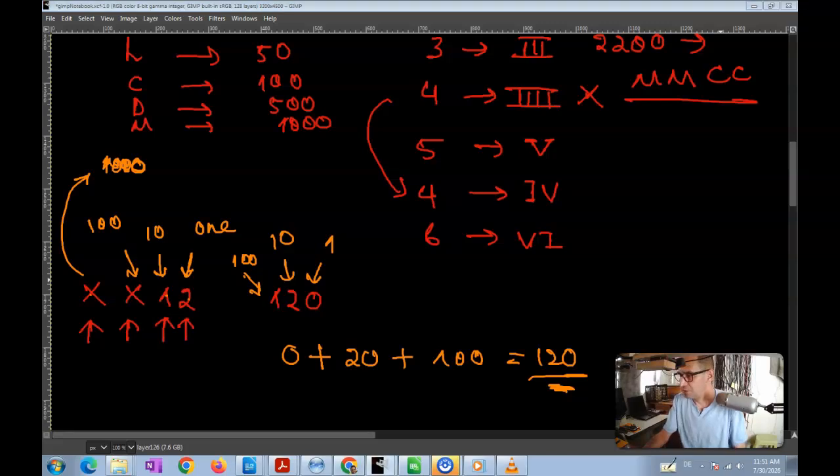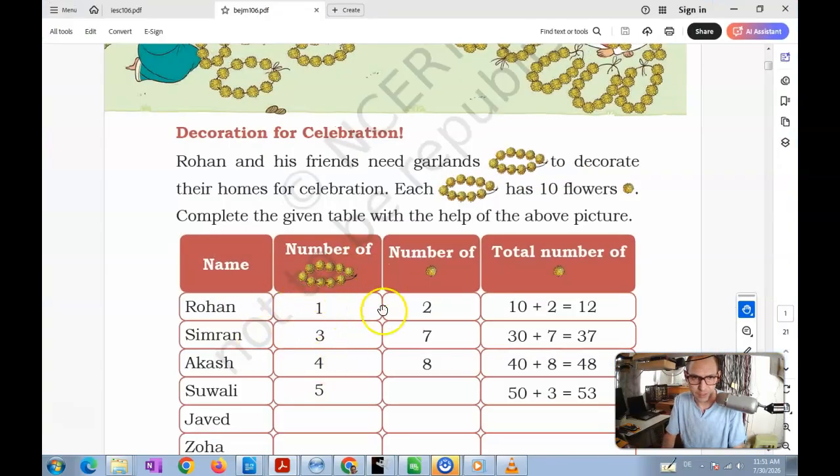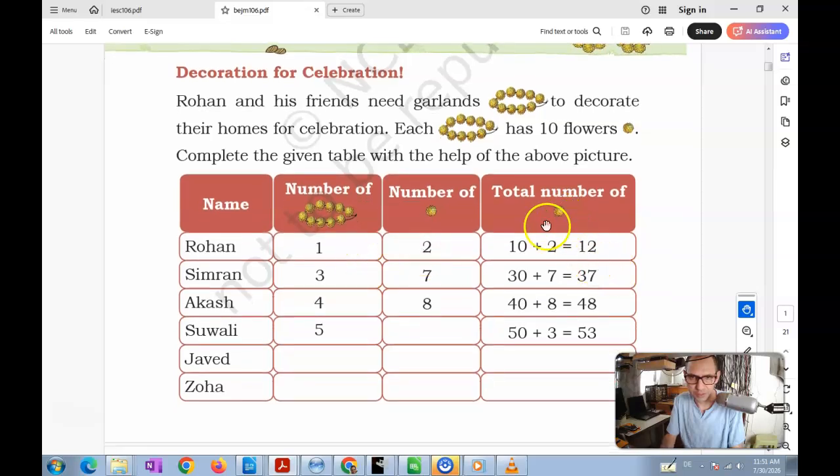So when you have these groups of 10 and groups of 1, if Simran, for example, has 3 groups of 10, then you have to put a 3 in the tens place value.